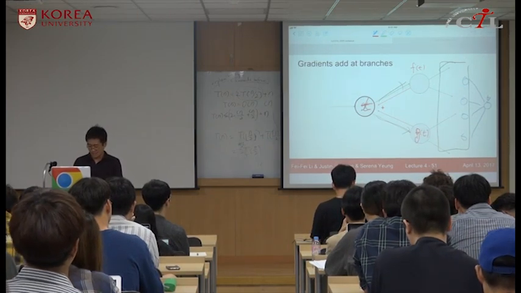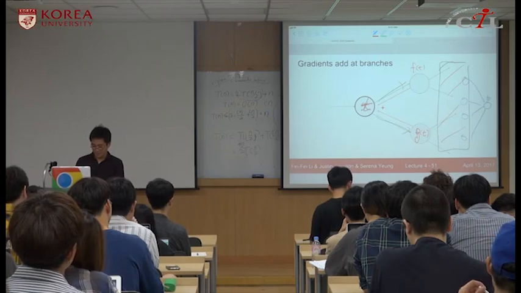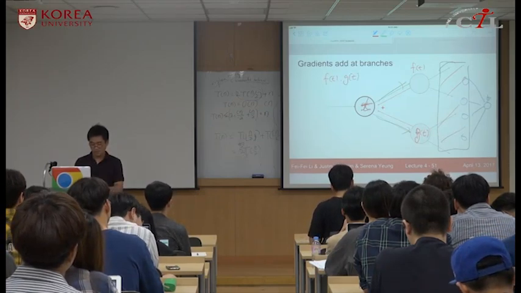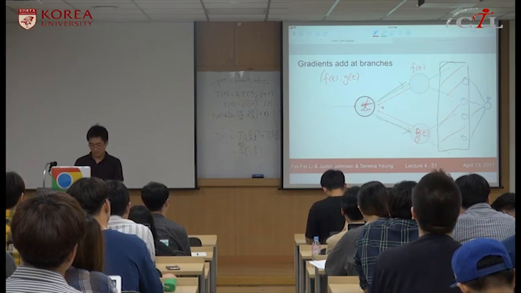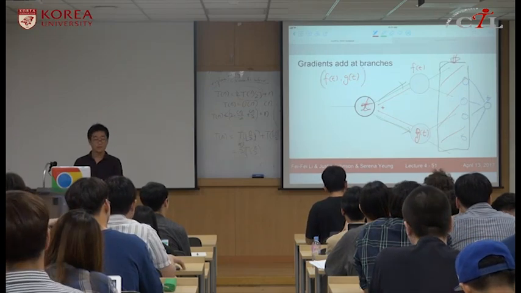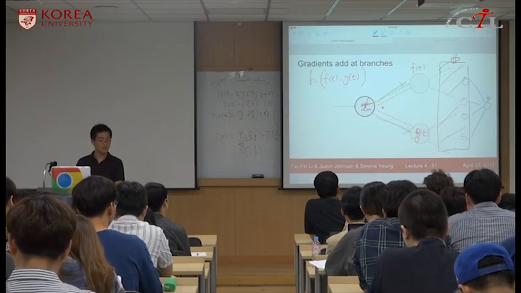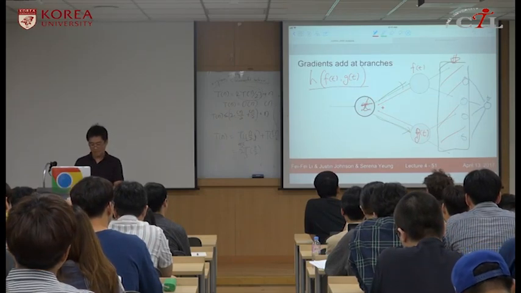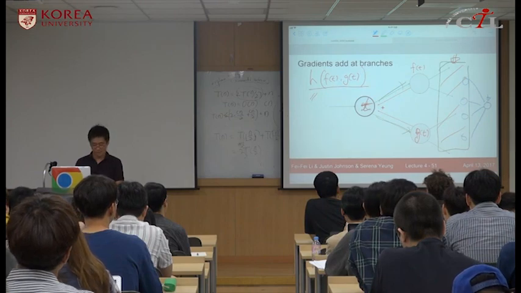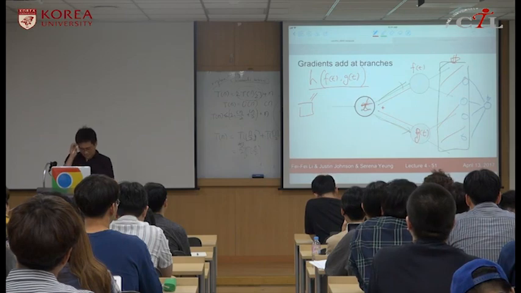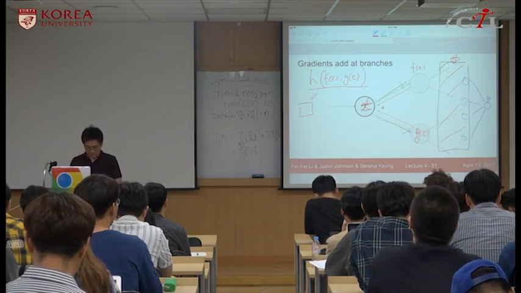The f of t and g of t will be the input to the function corresponding to this part, let's call it h, and this function will have a single scalar output, right?